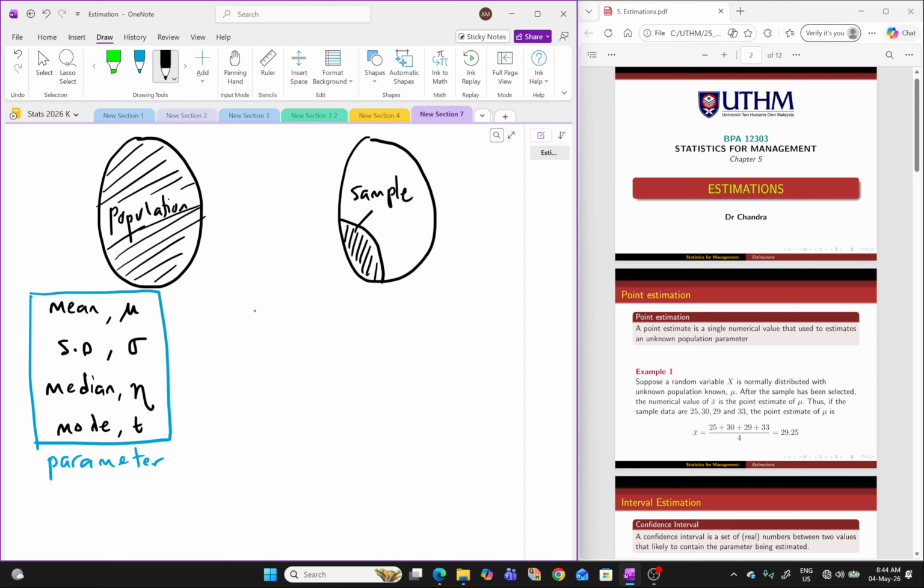Due to high cost and time consuming, daripada kita ambil setiap orang punya data daripada Malaysia, okay, kita boleh buat anggaran, estimation. From here to here, we can do estimate from taking a small sample from that population.